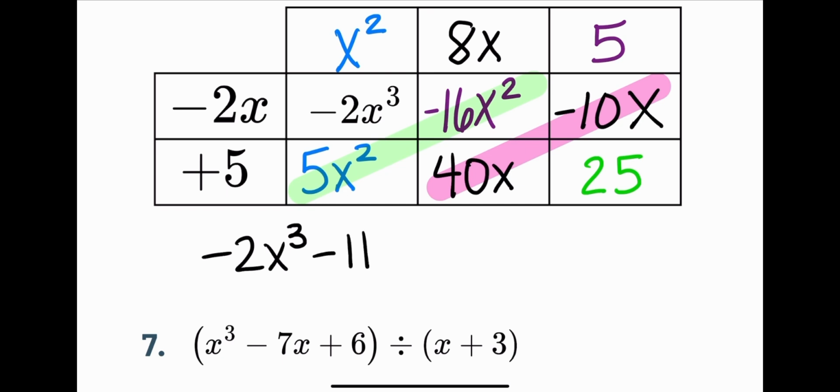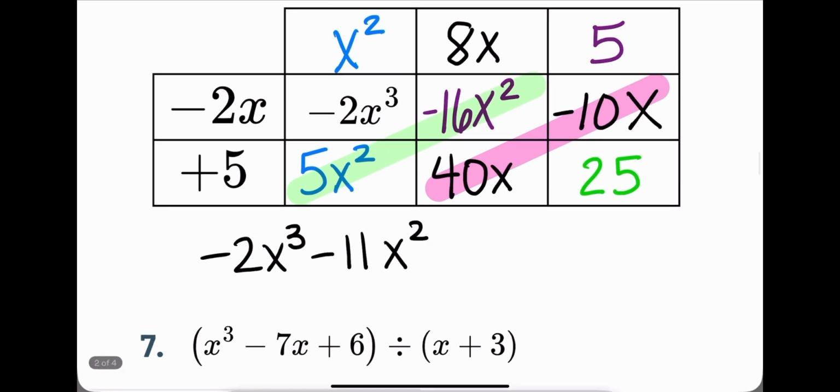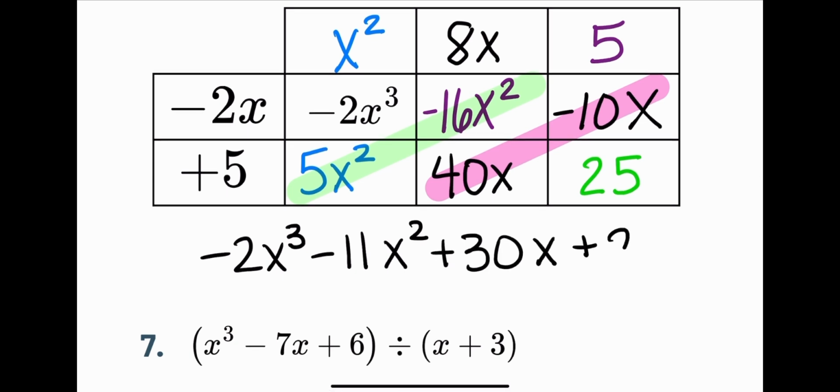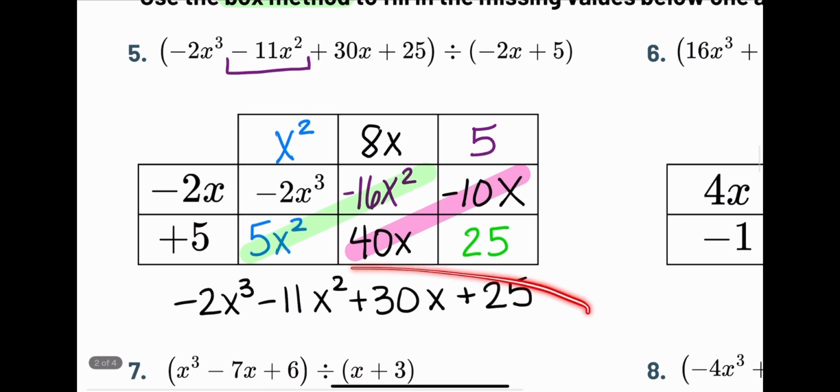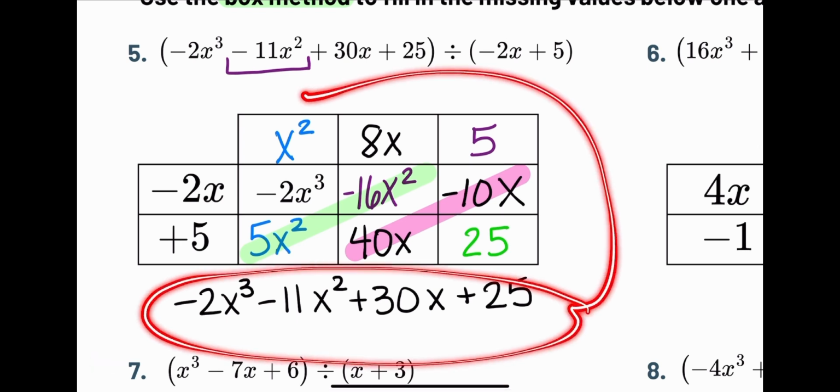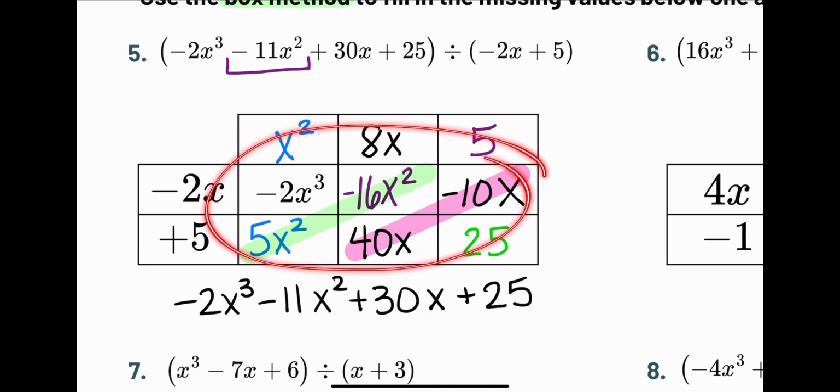It's negative 11x squared. In the pink highlighter, combining like terms, we have 40x minus 10x. That is positive 30x. And last, we have a constant, no like terms for the 25. So there's the constant. And as you can see, we've written the dividend exactly the same. That's how you'll know that everything you put in the boxes was correct.